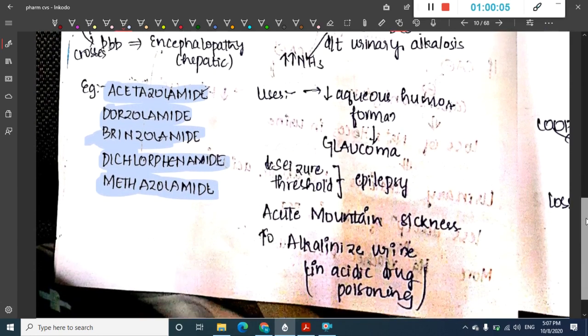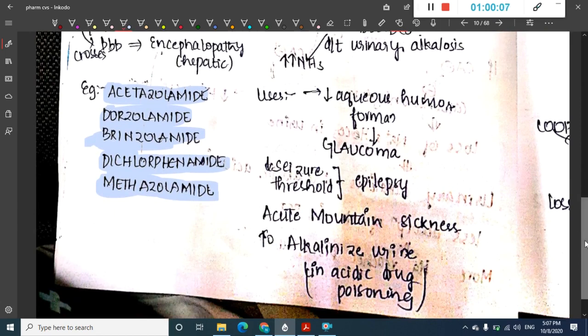So what are the uses of these drugs? They are used in glaucoma. They decrease the seizure threshold, so they can be used in epilepsy.